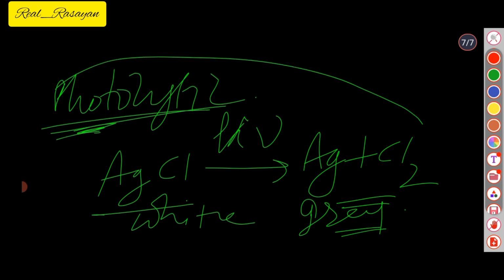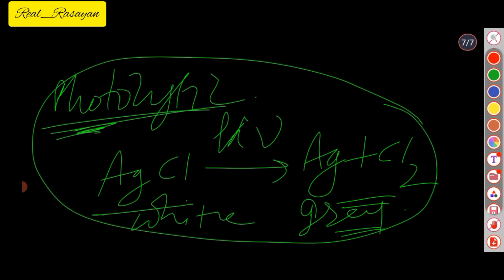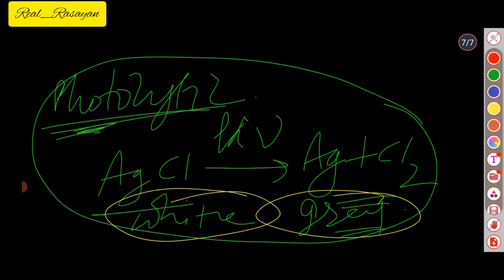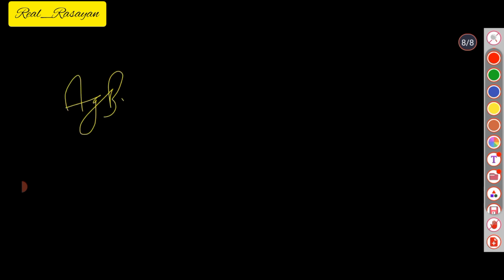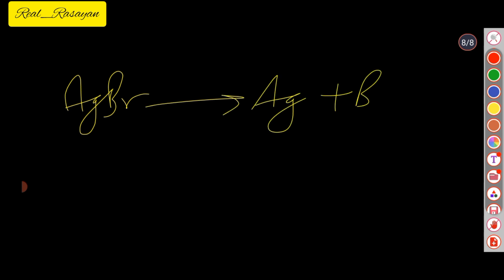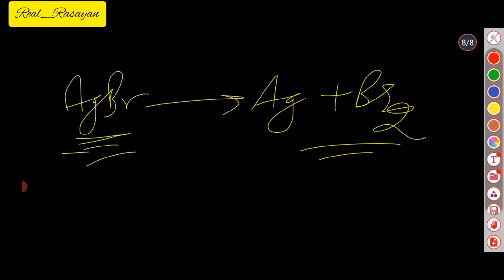This question will be asked with respect to the color. So must remember the color of the substances. AgCl is white in color, and after breakdown of this AgCl in the presence of sunlight, it will change into gray. In the same way, AgBr will be split into Ag plus Br2. But this question will be asked as, name the reaction, write the reaction which is used in black and white photography.